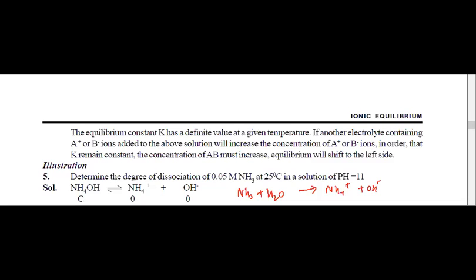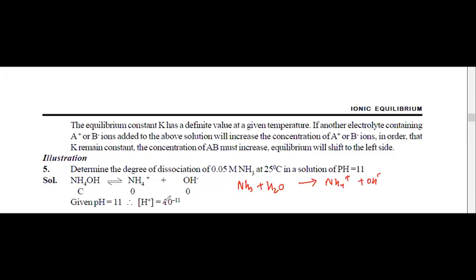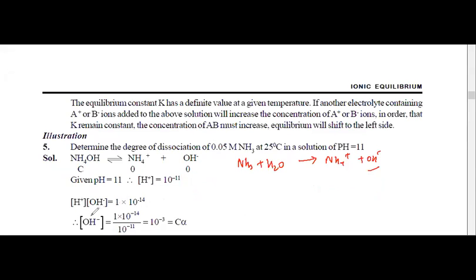Now we know that the pH is 11, which means the concentration of H plus is 10 to the minus 11. But here we need the concentration of OH minus. If the concentration of H plus is given, we can calculate the concentration of OH minus using the ionic product of water. So the concentration of OH minus is 10 to the minus 3. Now this should be equal to C alpha.